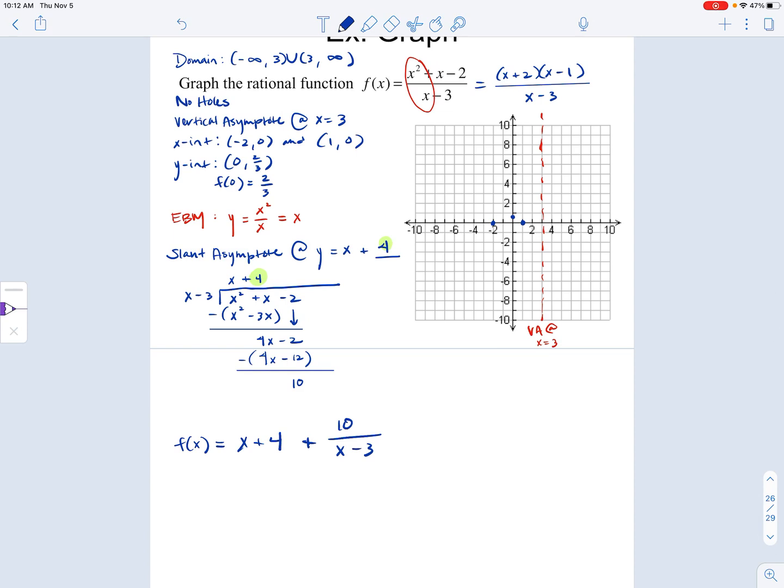And rational functions we can rewrite by actually dividing. Remember that the division bar or the fraction bar represents division between the numerator and denominator.